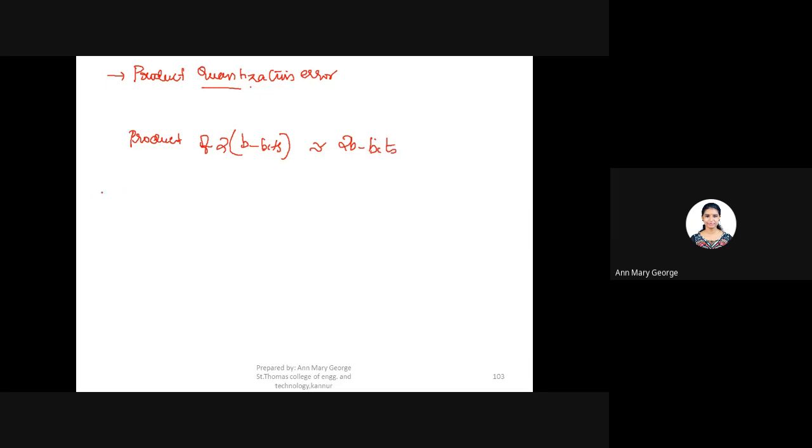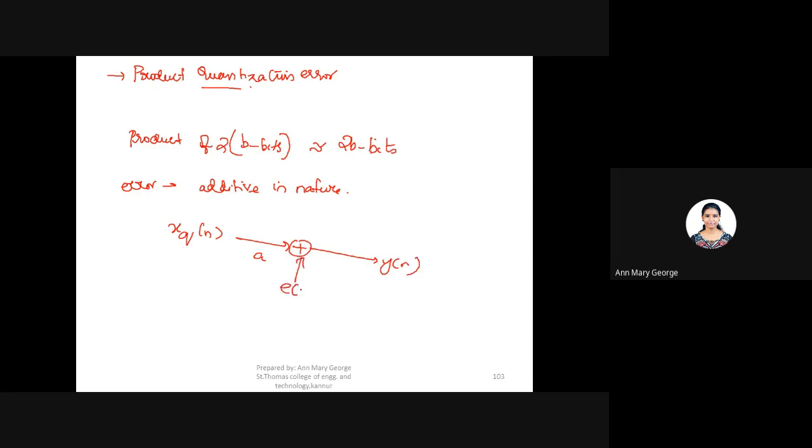Here also the error will be additive in nature, that is xq of n times a plus y of n.